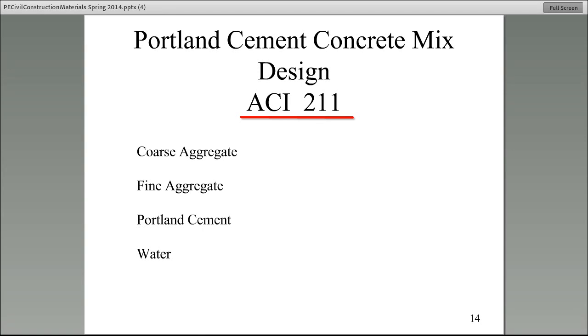ACI 211 is the series of guidelines which are accepted, standardized, and nationally accepted as the process that we use for design of concrete mixes. Also, those of you who are familiar with this process, you know that many processes, including ACI 211, is computerized. And if somebody wants to design a concrete mixture, they usually use a computer software.